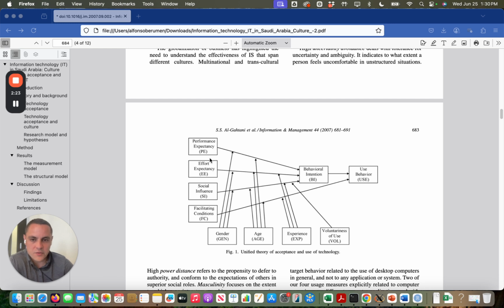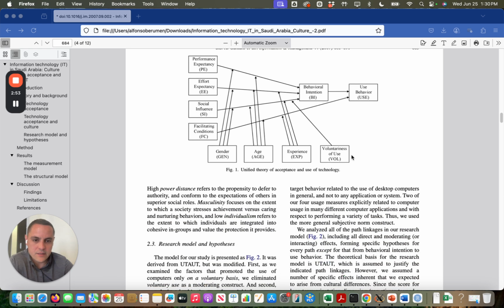There are these constructs here that we'll look at or evaluate, such as performance expectancy or effort expectancy, and the idea is to see how those best explain different levels of, say, behavioral intention to use, right?